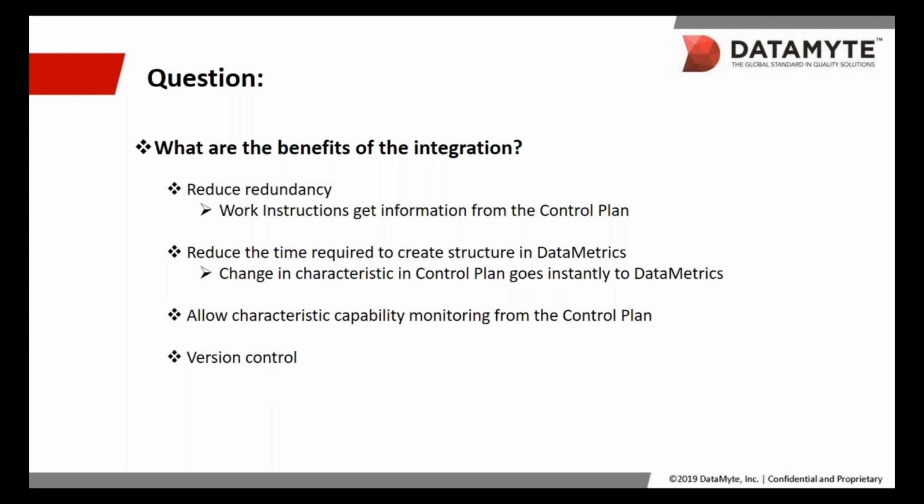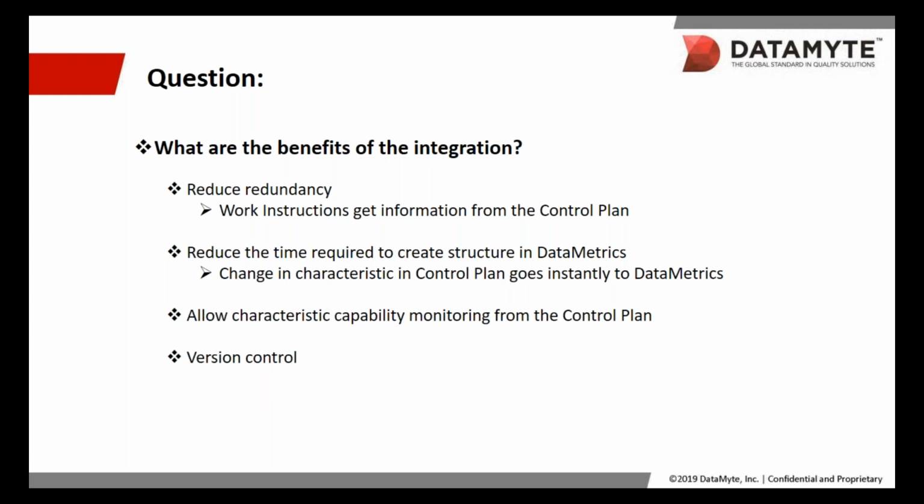If we have an update to a control plan, or information from our customer that requires engineering changes, we have basically one point of update in the Quality Planning Studio.